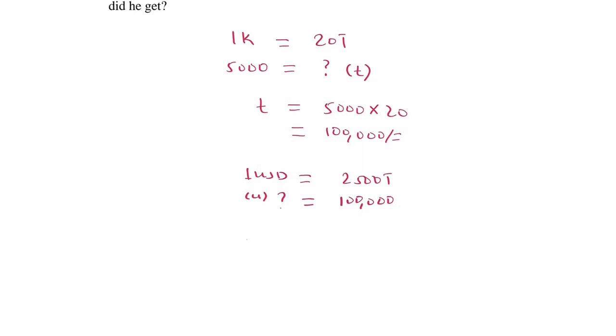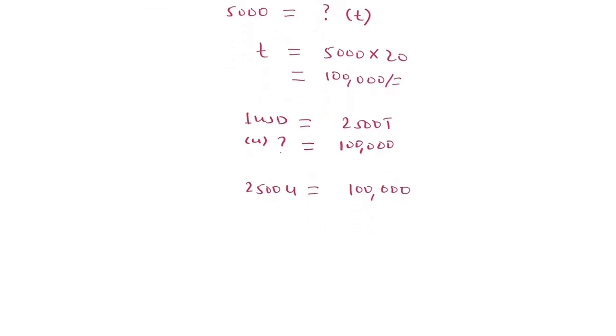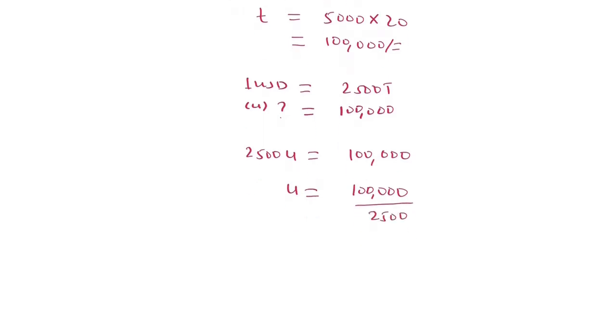Then we are going to have 2,500 U equals 100,000. Okay, so now let us divide by 2,500 both sides. Then our equation is going to be U equals 100,000 over 2,500. Solving this, we are going to have U equals 40 US dollars. Then Mr. Ugango is going to get 40 US dollars in Tanzania.